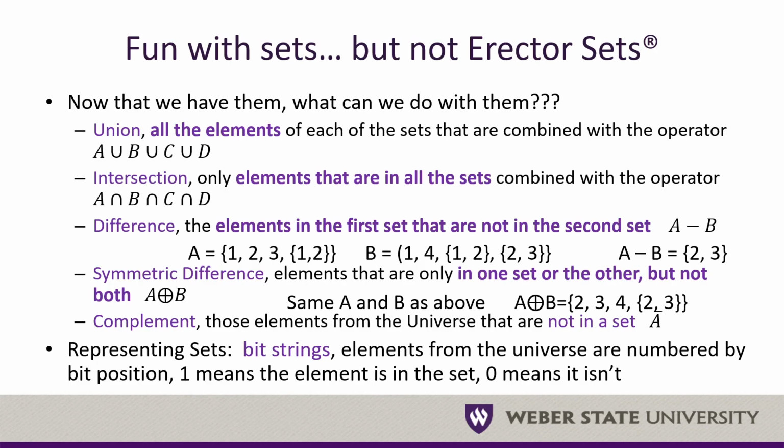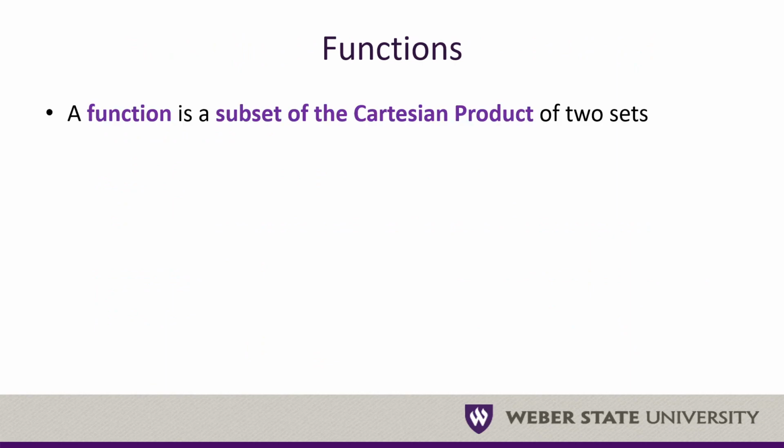And then the symmetric difference would be those elements that are in one or the other set, but not both. And finally, the complement. All of these are operations that you'll be performing in the programming assignment, and we'll talk about those specific operations in about 45 minutes or so.